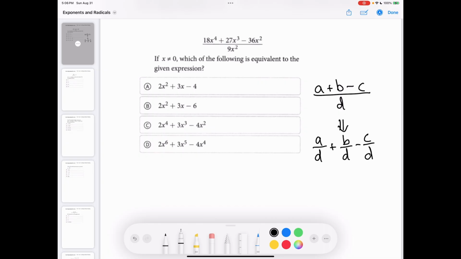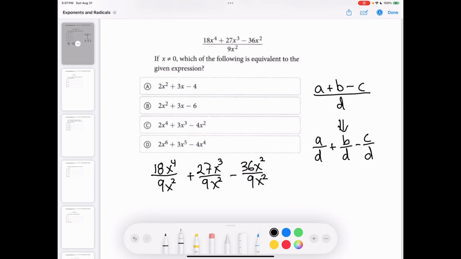I'm going to break up that big numerator into 3 separate fractions. Namely, I'm going to end up with 18x to the 4th divided by 9x to the 2nd plus 27x cubed divided by 9x squared minus 36x squared divided by 9x squared.